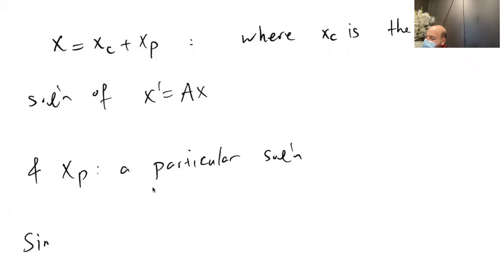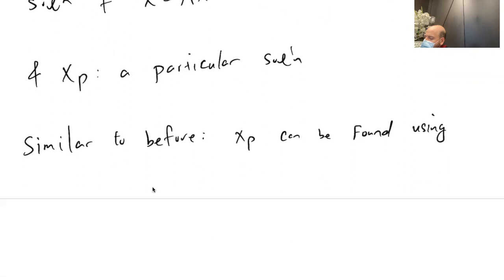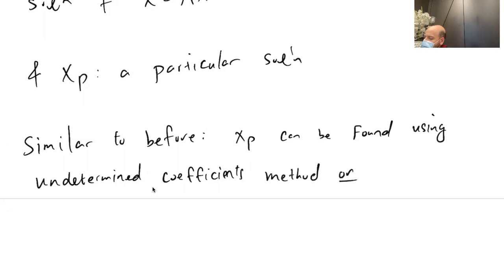So again, similar to before, xp can be found using the undetermined coefficients method or the variation of parameters method.